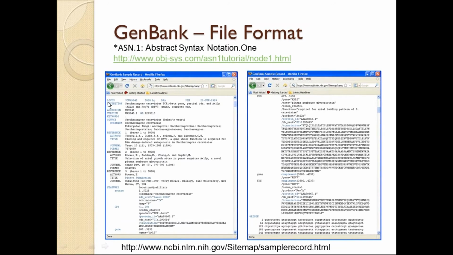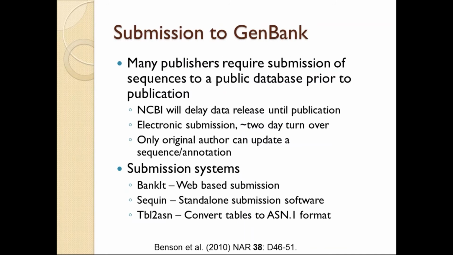You see the locus, the gene name, definition, accession number, and so on, the journal references. It's tricky to actually write to this format. So eventually they converted to a relational format. But it's not just a storage unit. People can submit to GenBank.